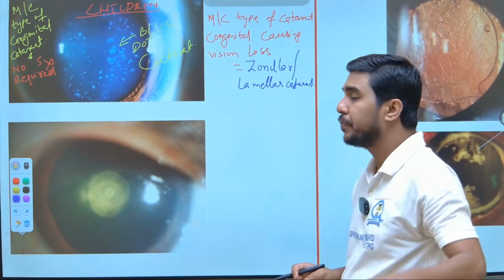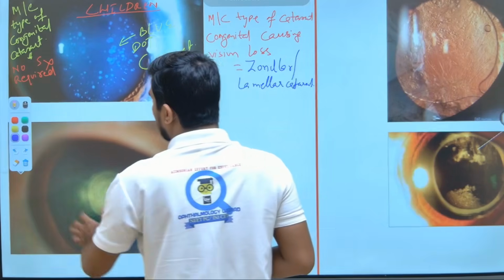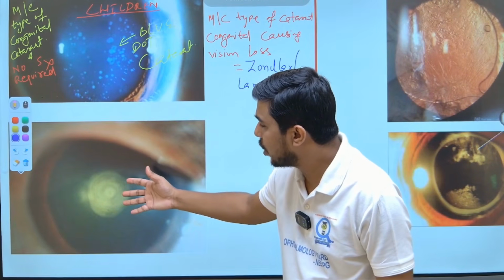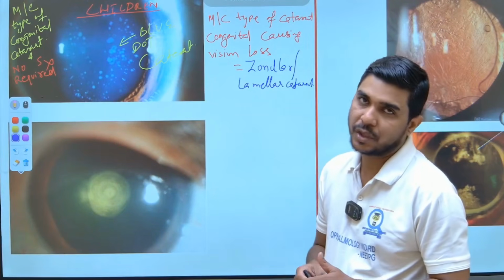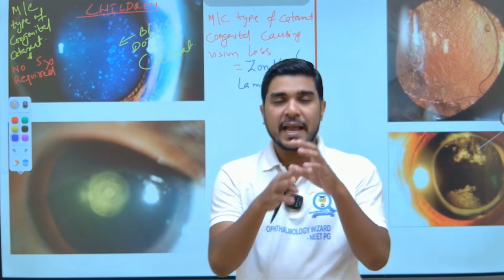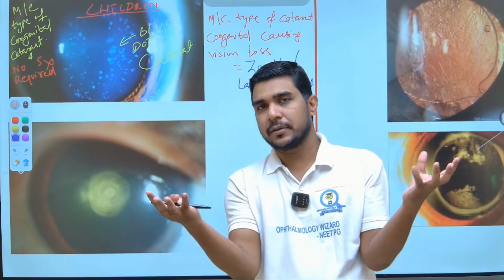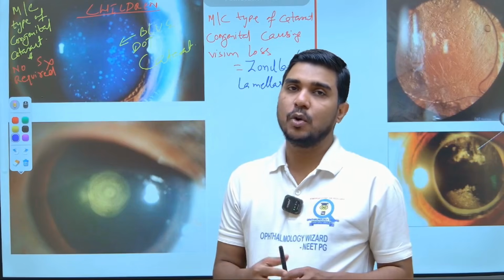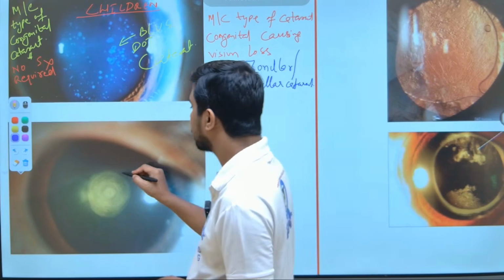Okay, understood? Now coming to this MCQ, can you see some ring-like opacification in the eye? Actually, it is in the lens. So this is a cataract. Obviously, any opacification in the lens is cataract. But this is a significant circular, typical onion peel type of appearance, right?